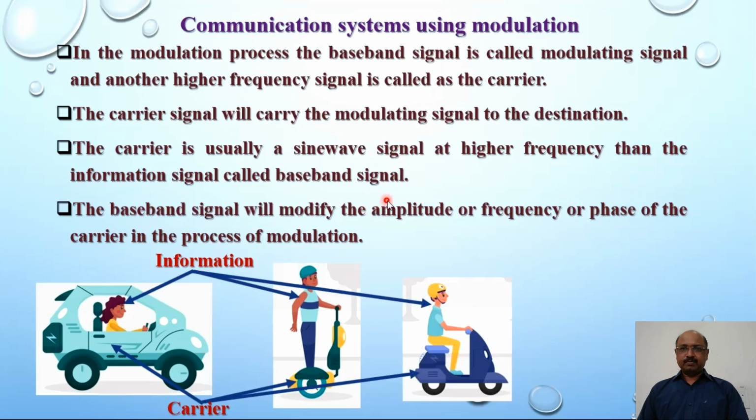If we change the amplitude, we get amplitude modulation. If we change the frequency, we get frequency modulation, and if we change the phase, we get phase modulation. We will see that later on in detail.